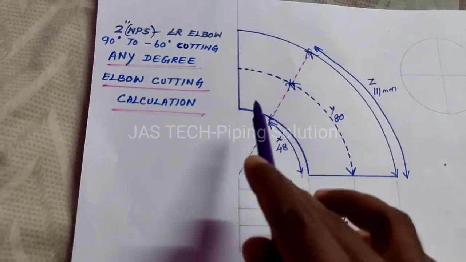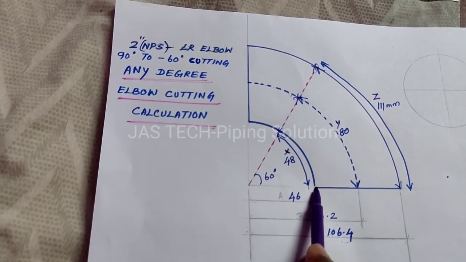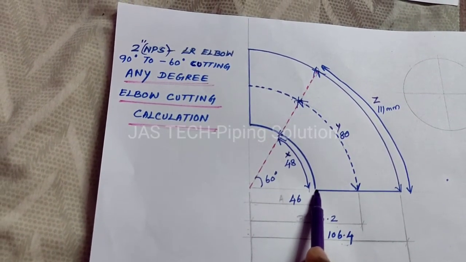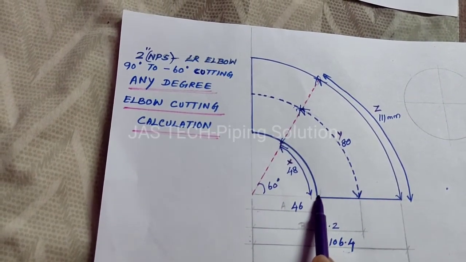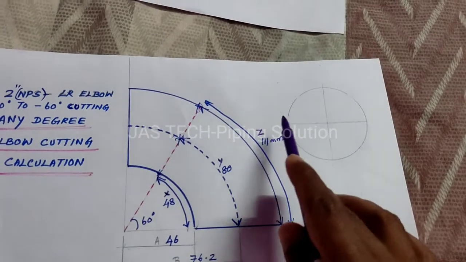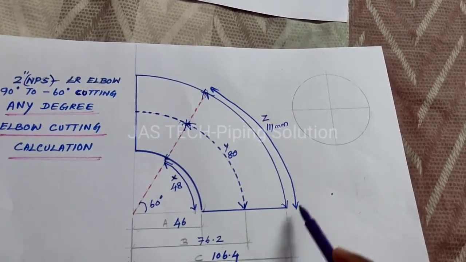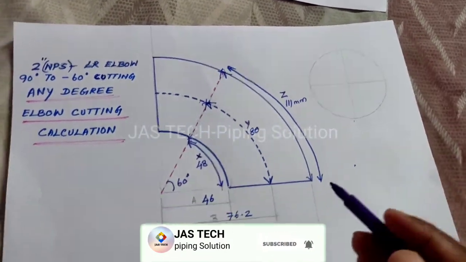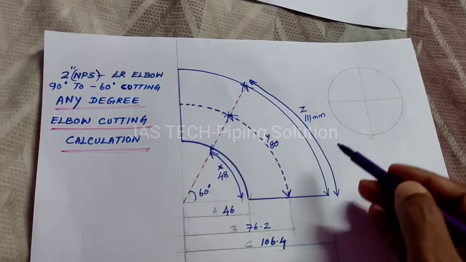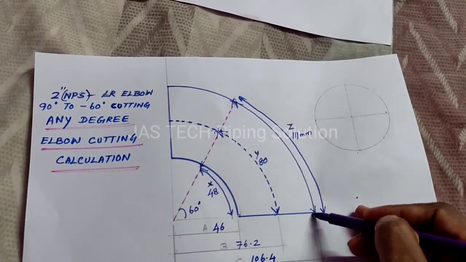You take the elbow from this end, 48 mm, and mark it here. Before this marking, you divide the circumference into 4 equal parts, 4 equal markings like this. One mark is the center, one mark is this end, another mark is this end.